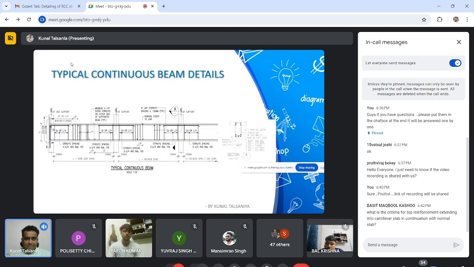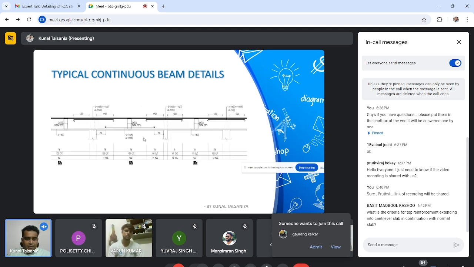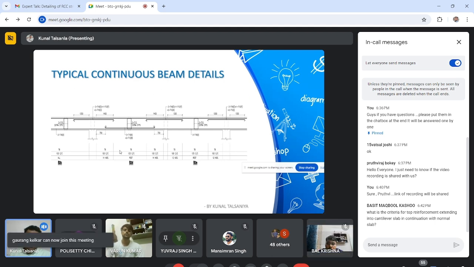This is the typical continuous beam detail. This is the same column, column, column, continuous beam, and the same criteria which I have explained earlier. This is the actual detail of how we will give beam reinforcement to the client at site.